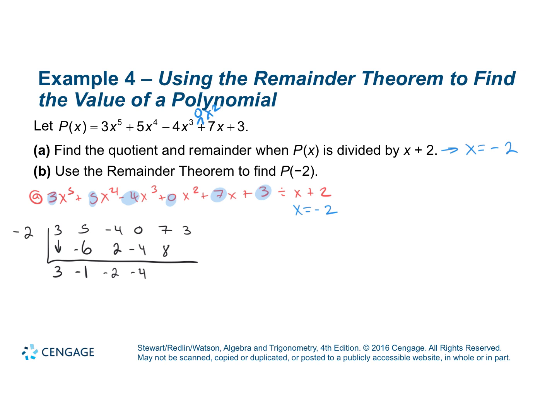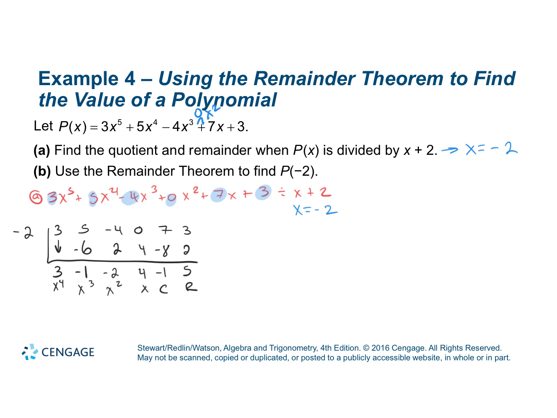Sorry, I made a mistake earlier. So we're going to get -8. So 7 plus -8 is -1. And then -2 times -1 is +2. And we get 5.